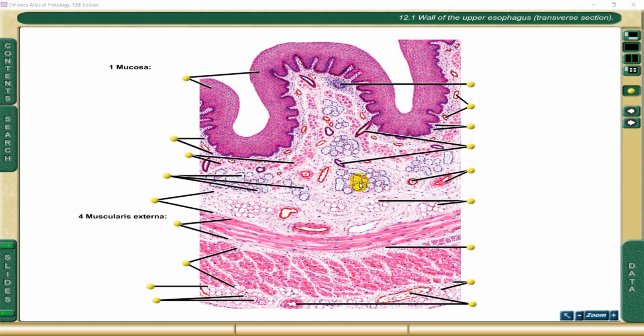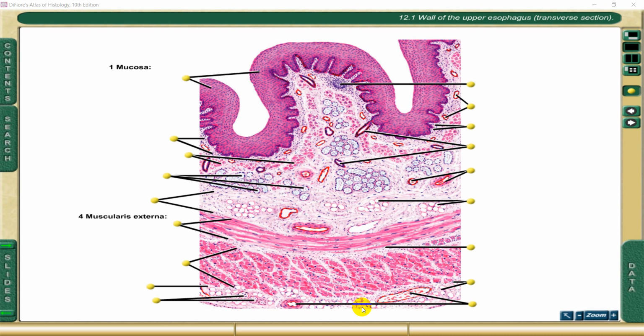The name is the esophageal gland proper, or esophageal proper gland, located in the submucosa of the esophagus. This structure is adipose tissue. Muscularis externa has two layers, two directions: inner circular, outer longitudinal muscle, and then serosa and adventitia.